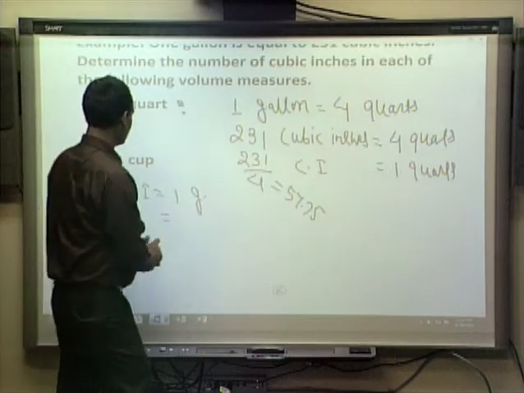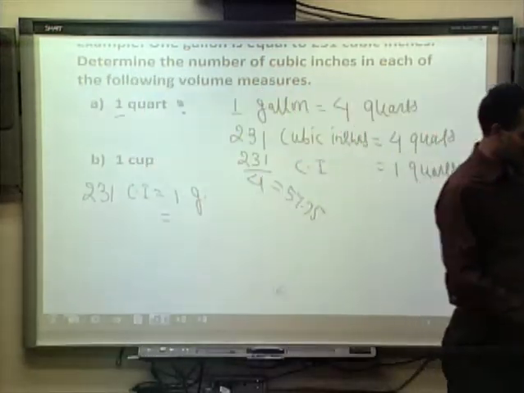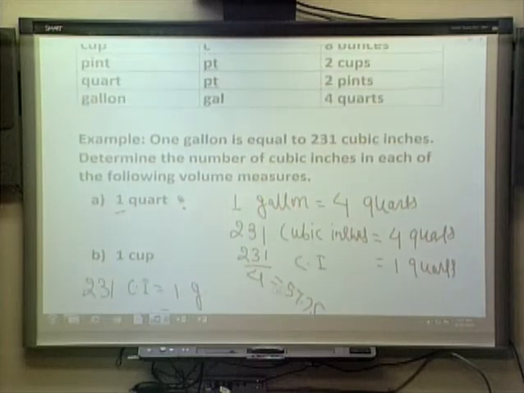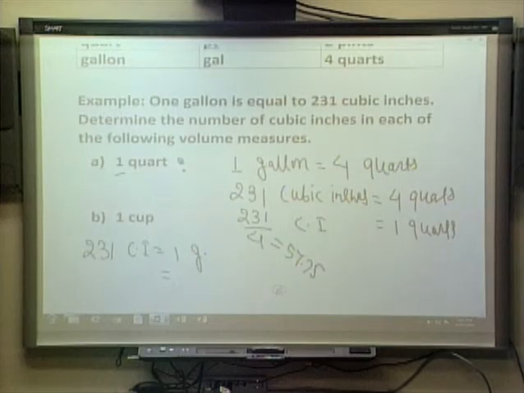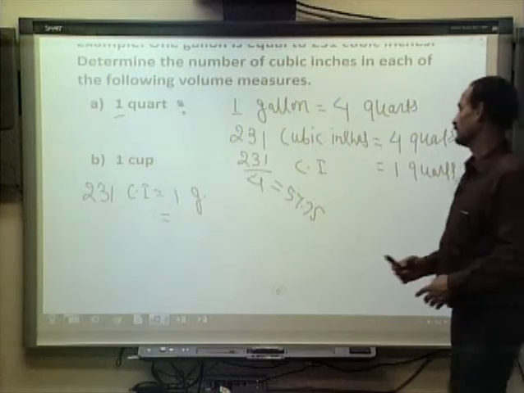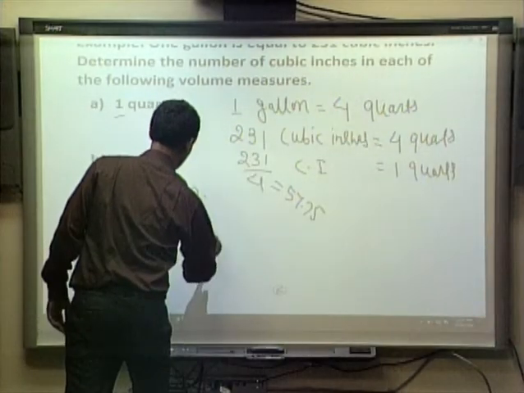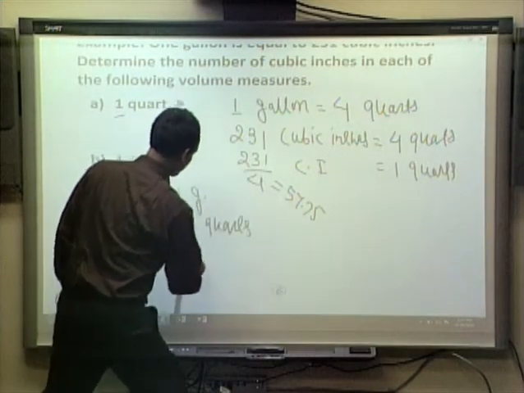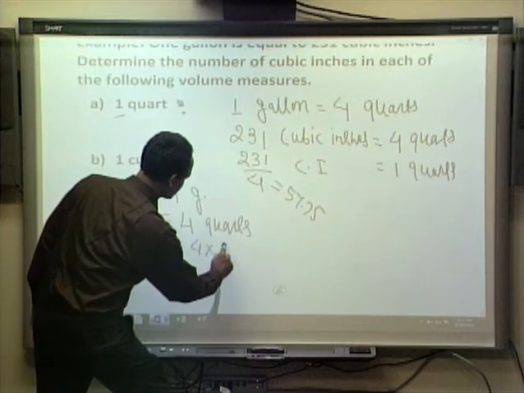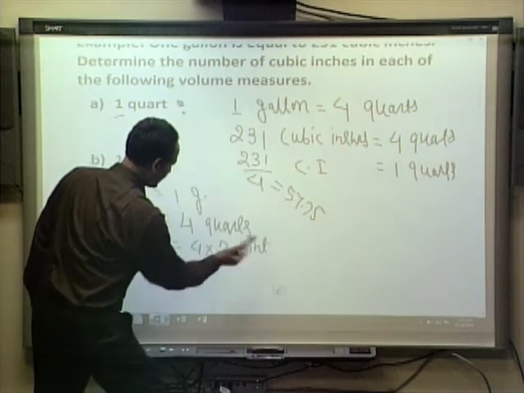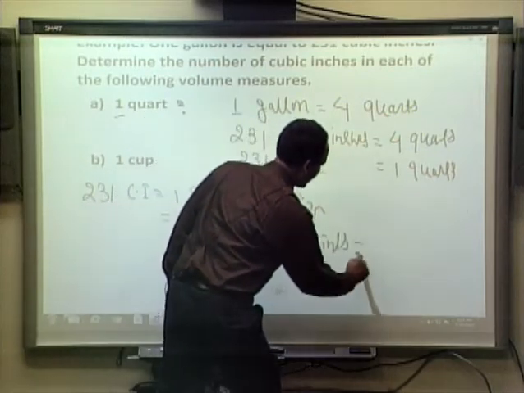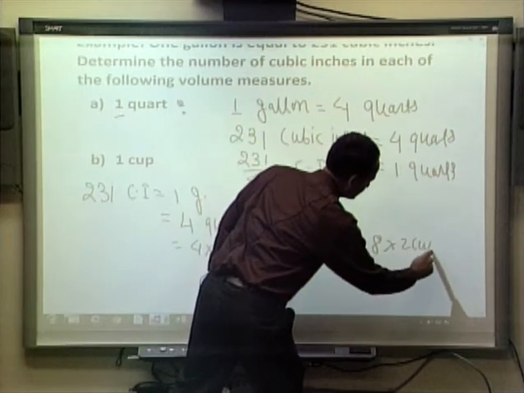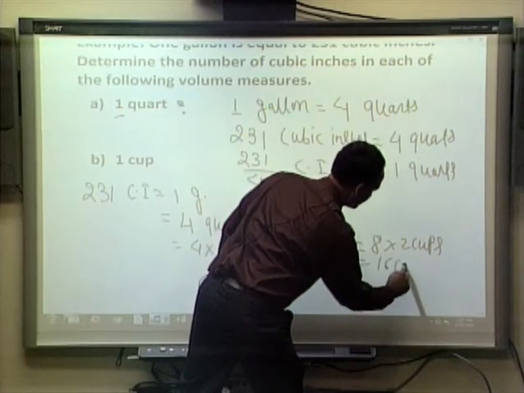Now we have to convert this gallon into cups. Let me look at the table, 1 gallon is 4 quarts, and 1 quart is 2 pints. So it will be 4 times 2 pints, and that is 8 pints, which is the same thing as 8 times 2 cups. That means 16 cups.